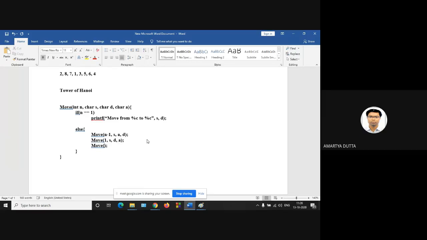And finally, in the third recursive call, for the n minus 1 disks, what will be the source? Auxiliary. Yes, auxiliary. What will be the destination? Normal destination, using the source. So this is the move function in case of the Tower of Hanoi problem.